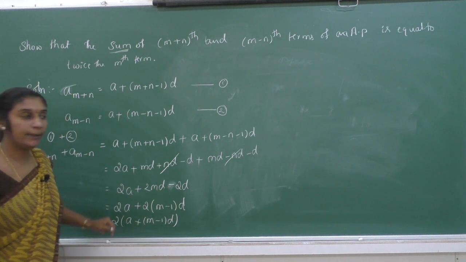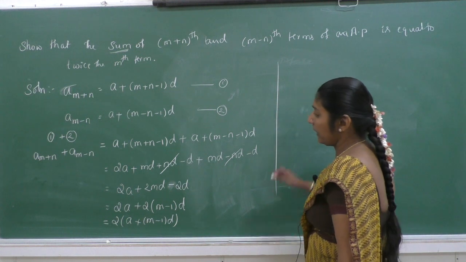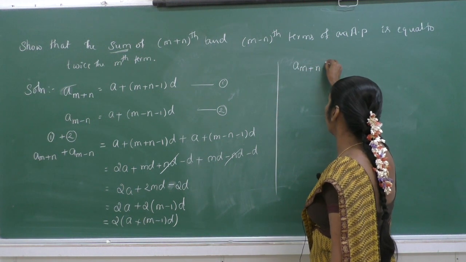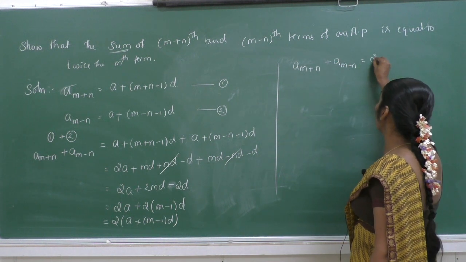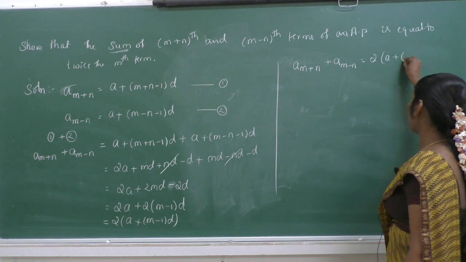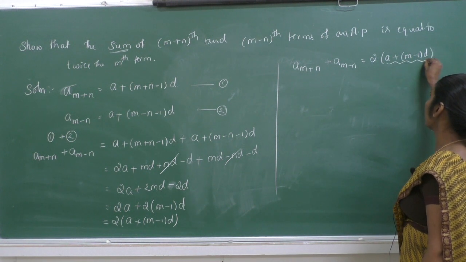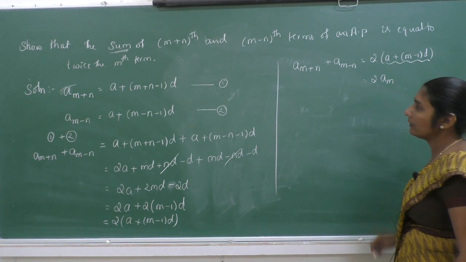What do you mean by a plus m minus 1 into d? So, that is a m plus n plus a m minus n is equal to twice a plus m minus 1 into d. So, a plus m minus 1 into d can be written as mth term of an AP.